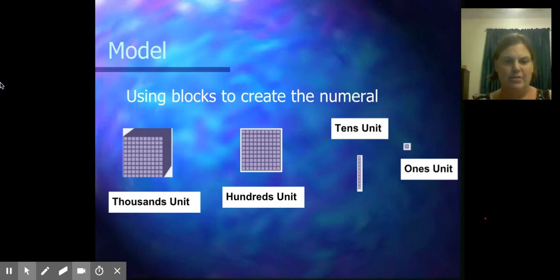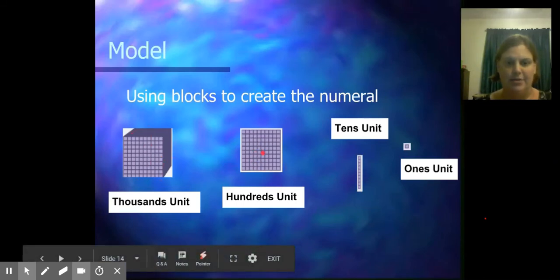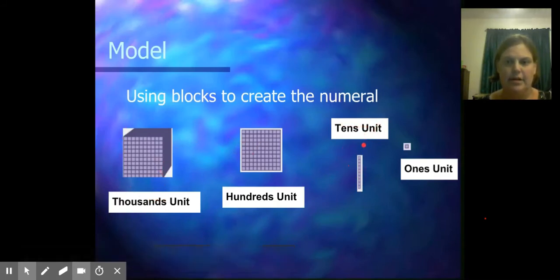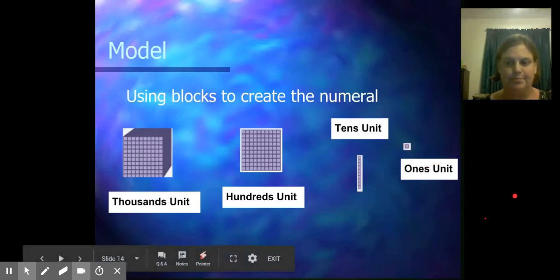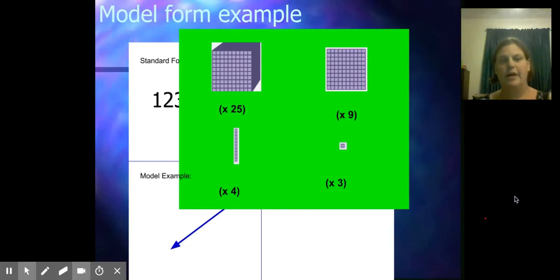So this big one here, he is my thousands unit. He's a big fat block. Here's my hundreds units. 10 of these hundreds fit into that. Then I have a tens unit, who's a long skinny one, and one ones unit. In my example, I have 25,943.